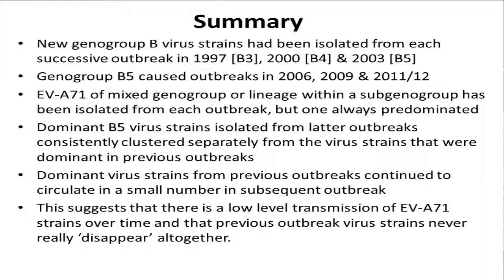So one thing it suggests is that there must be a low transmission of EV71 strains over time, and that strains from previous outbreaks just sit somewhere and don't disappear altogether. So these are some of the important things probably that we might want to look at, because it will have implications, say, for vaccine development, the choice of strains to use for developing the vaccines and such.